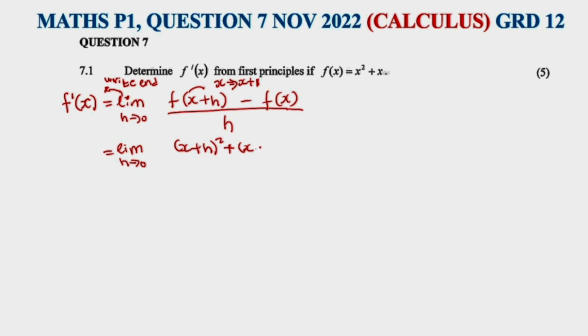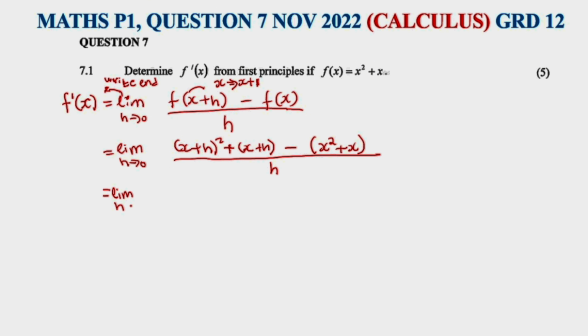It's x plus h. Great stuff. All right, so here we're going to have minus, in brackets, f of x, which is x squared plus x, close, and then all over h.